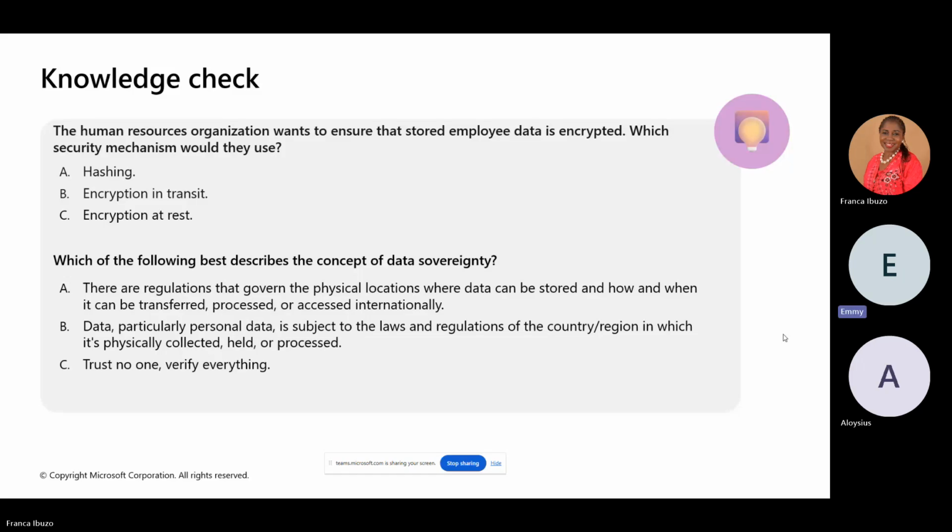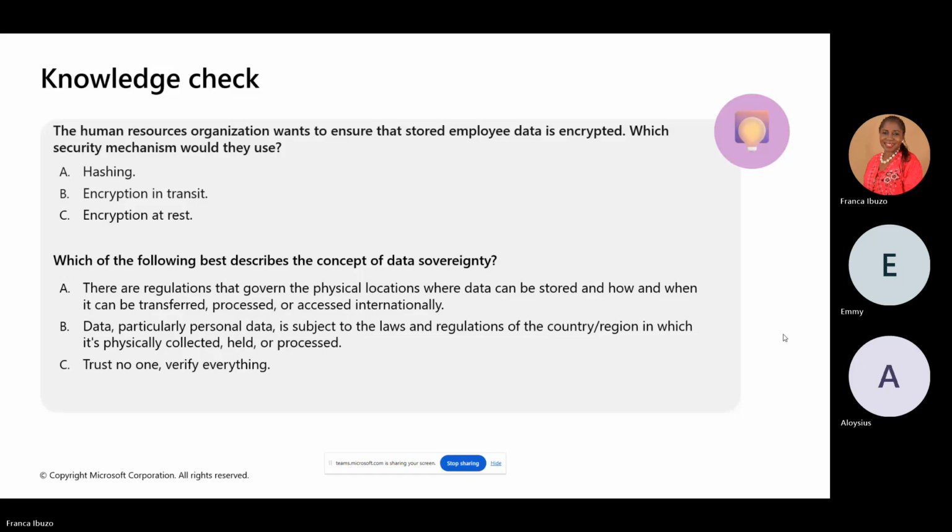I said hashing. No, but it's not hashing now. You look at the question. It says the human resources organization wants to ensure that stored employee data is encrypted. We're talking about encryption here, and it's stored employee data.